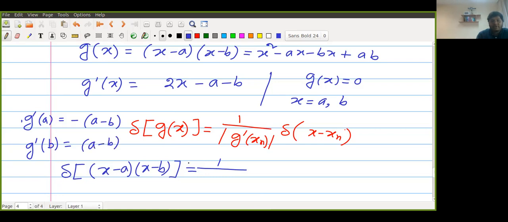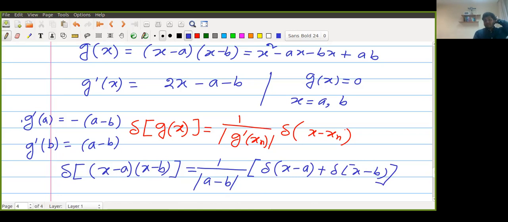So in combined form we can write 1 over mod of (a minus b), then delta of x minus a plus delta of x minus b. So this is a very important formula we sometimes use with the Dirac-delta function for many different purposes in physics.